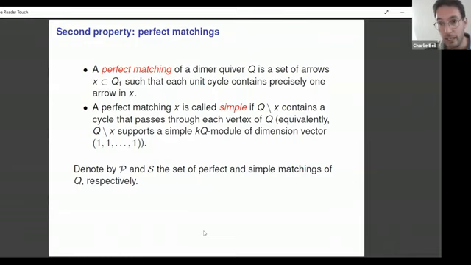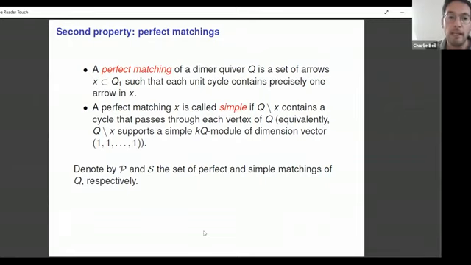So stated in terms of representation theory, Q minus x supports a simple KQ module of dimension vector 1s. They're called simple because if you can make a cycle that passes through every vertex and comes back to where you started, supported on Q minus x, then that's the same as saying we can have a simple module of dimension vector 1s supported on Q minus x.